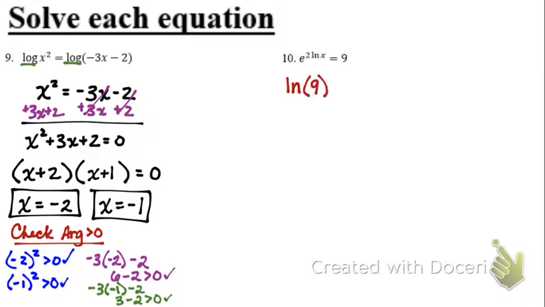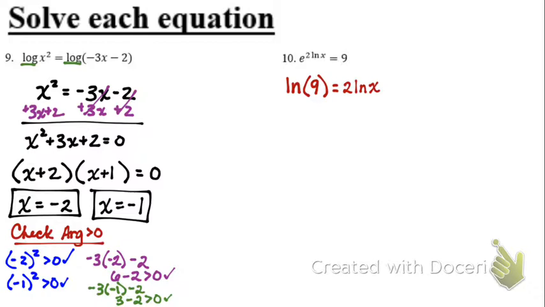Natural log of 9 is equal to what? 2 natural log of x. X is where? It's on the right side. How would you describe what part of the equation it is? Is it a coefficient? Is it an exponent?